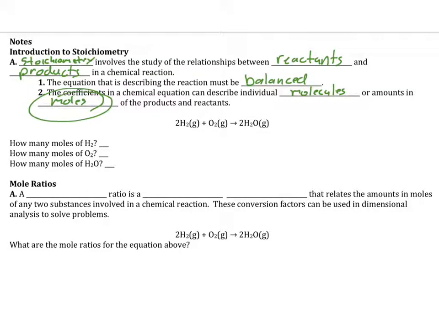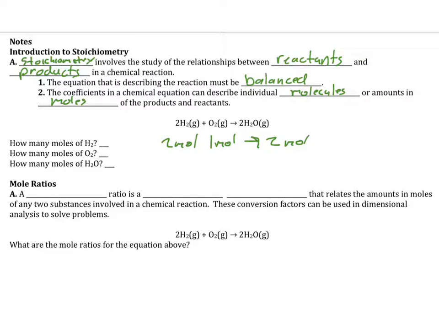We're going to focus on thinking about these coefficients here as representing moles. And essentially, when we have this balanced chemical equation here, and there's a 2, a 1, and a 2 here, what this means is that 2 moles of this will react with 1 mole of this, and it will produce 2 moles of the water.